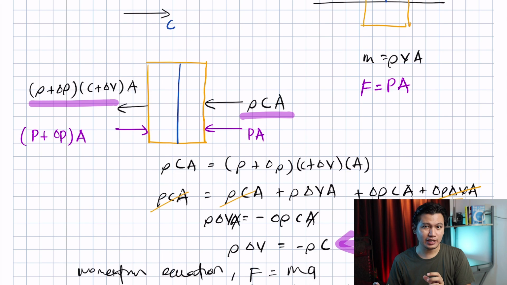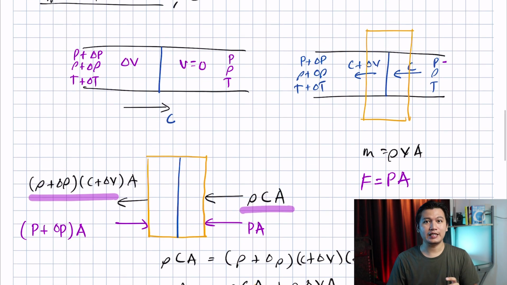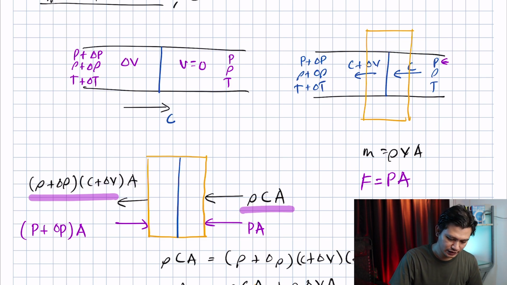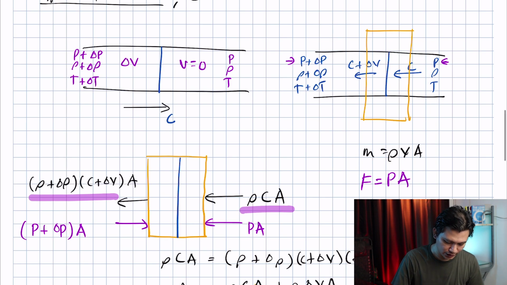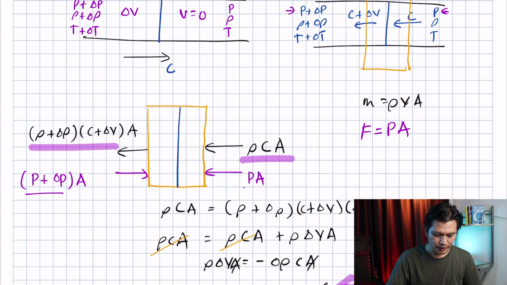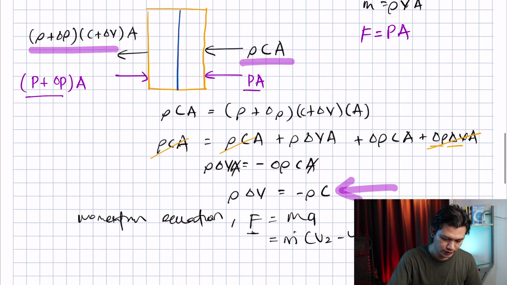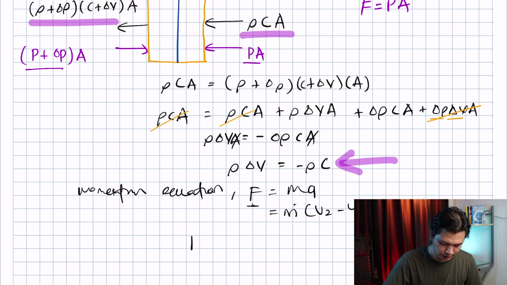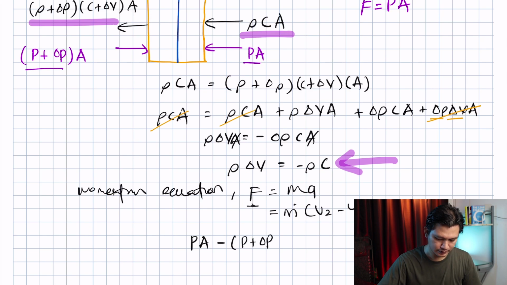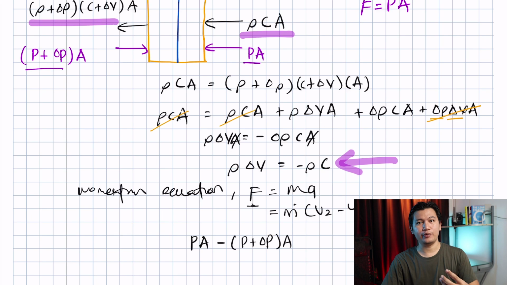At the right hand side of the wave, pressure is P here. But at the left hand side of the wave, the pressure is P plus delta P. This is what I write here, and that is our force. So force is P times A minus P plus delta P times A, equal to m dot. What is our m dot? We know that m dot in equals m dot out.